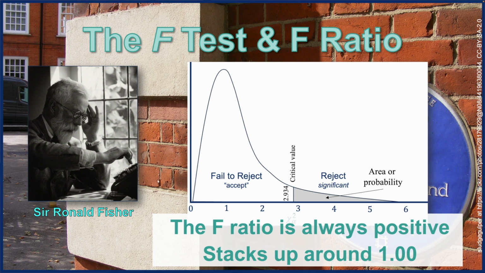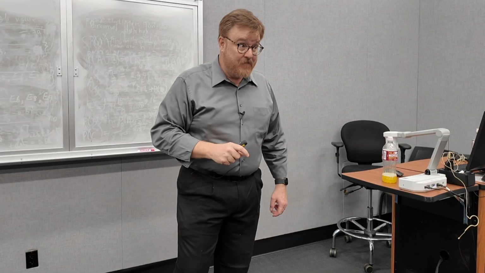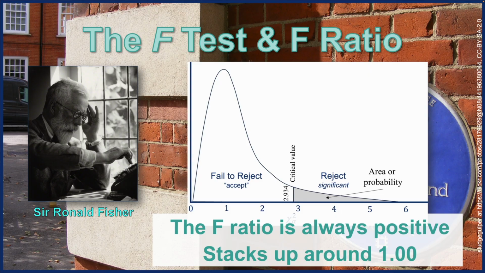Therefore, this F distribution tends to stack up around a value of 1. If there is a treatment effect, however, we're going to see values greater than 1. And if they get big enough, they'll cross that critical value, they'll jump that fence, and they'll be out here in the region of rejection, which means we're going to reject the null hypothesis that says these means are the same, and conclude that in fact there are mean differences within our model.